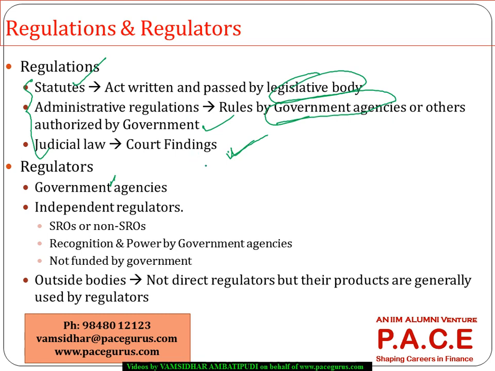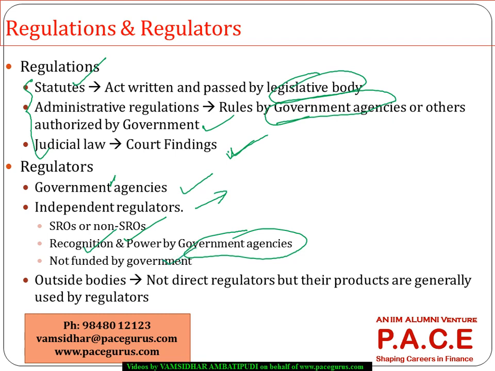And on the same lines, when we talk about regulators, there could be government agencies, but to a large extent, we can even have independent regulators, which are non-government agencies, but the government recognizes and gives power to these independent regulators.